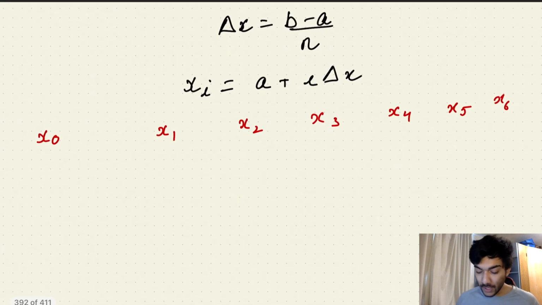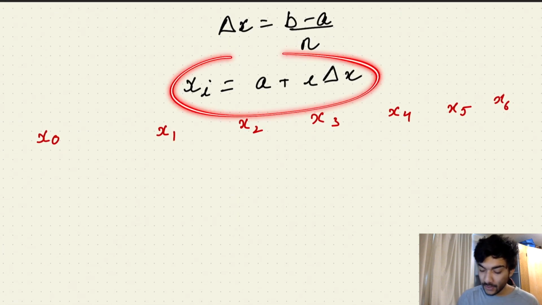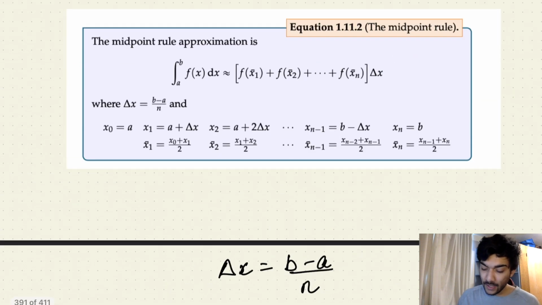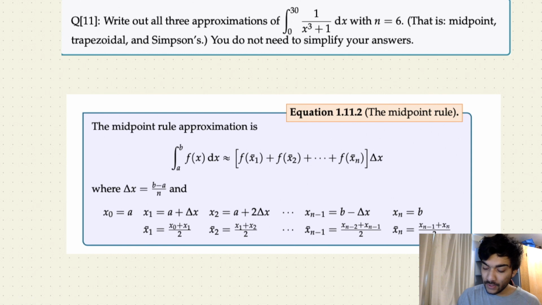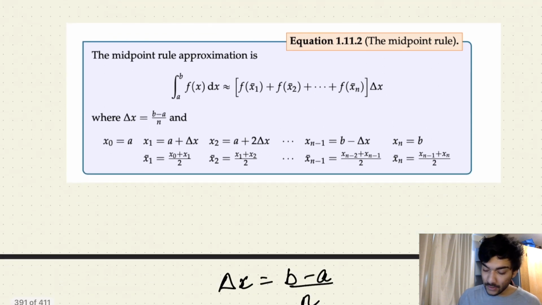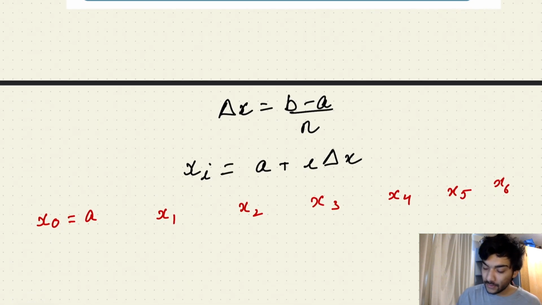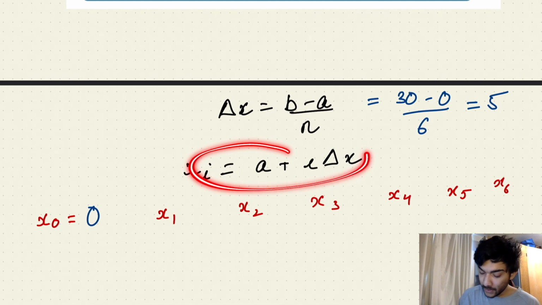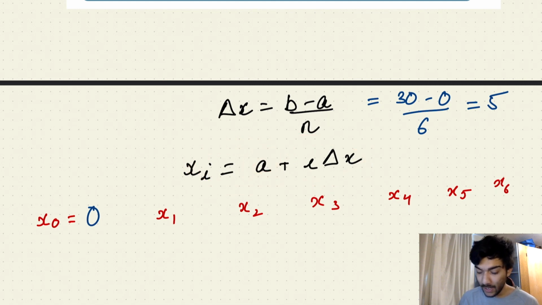So if we start with calculating our xi's using this formula, x of 0 is basically a, right? In this case, a is 0 and our b is 30. So let's calculate delta x first. Since b is 30, a is 0, n is 6, our delta x is 5 in this case, right? So your first xi is x0, and it is equal to your starting endpoint, which is 0.